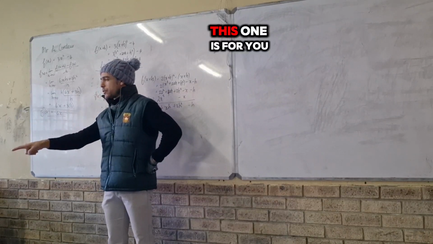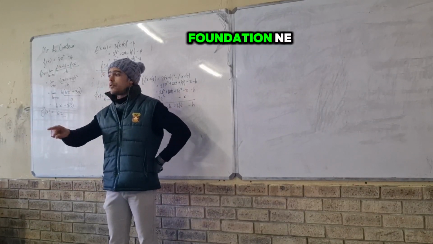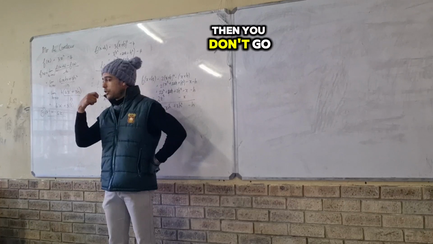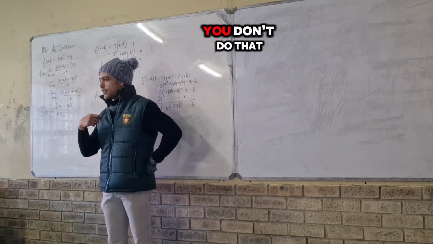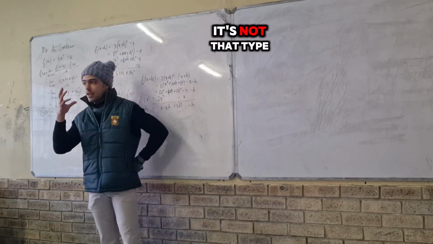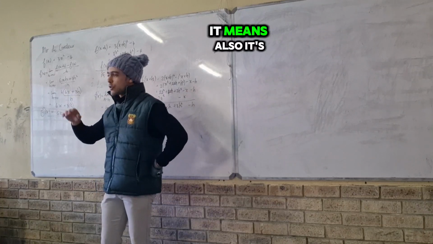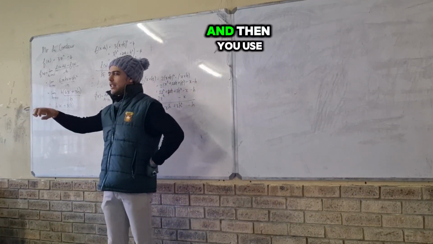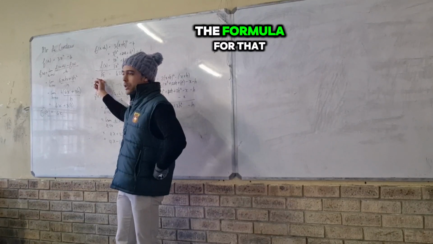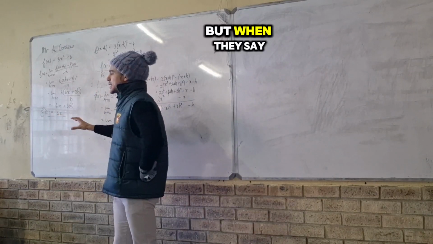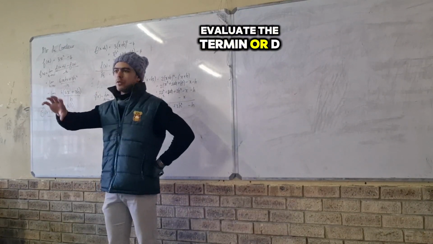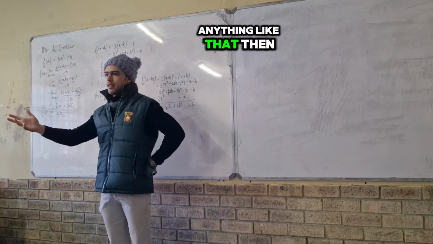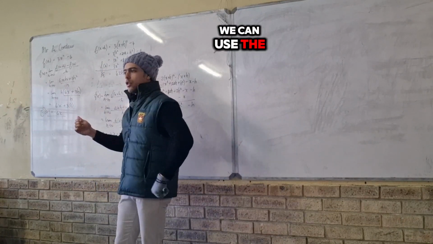Ladies, this one is for you: then you don't go put on makeup. It's not that type of foundation. It's just another way of saying from first principles, and then we use the formula for that. But when they say evaluate, determine, or dy, anything like that, then we can use the rule.